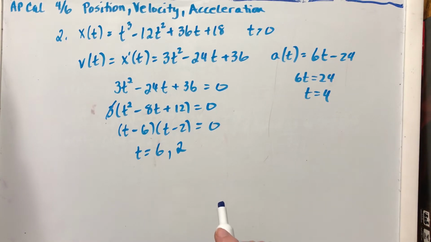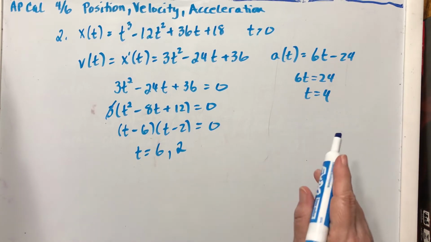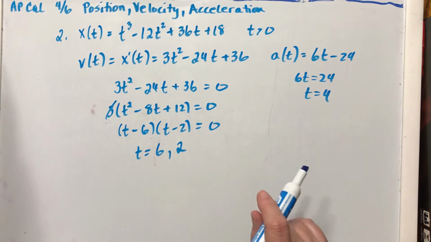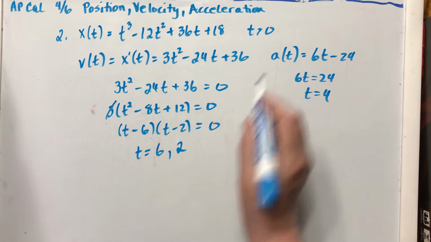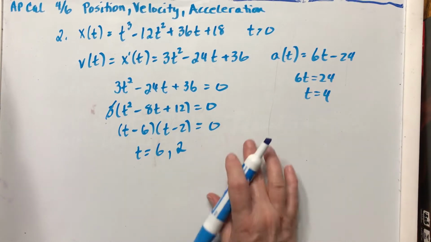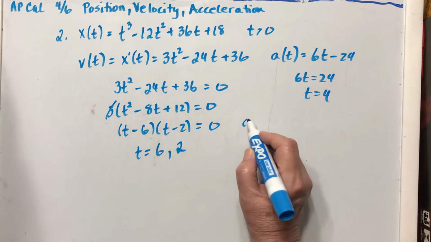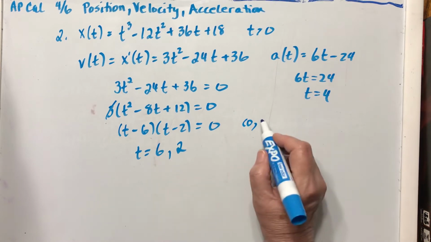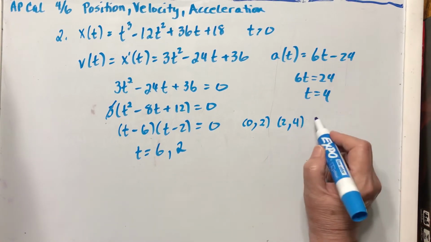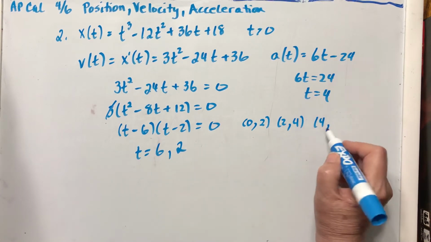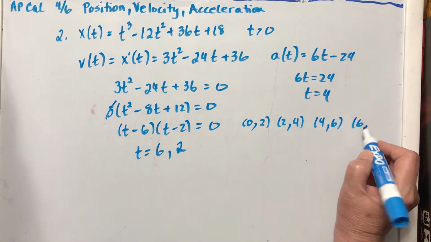So what I'm actually going to do is make a chart using all 3 of these critical numbers. I need my chart to go, and my time starts at 0. I'm going to fit my chart right here. So we're going from 0 to my lowest number, which is 2, and then 2 to 4, and then 4 to 6, and then 6 to forever.